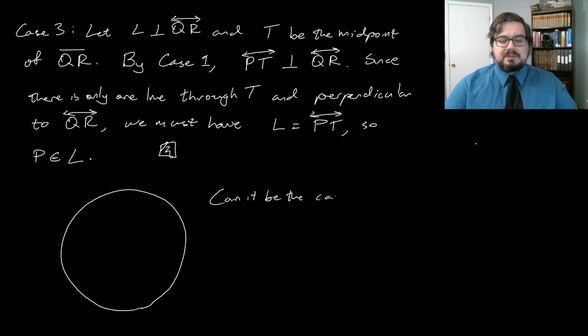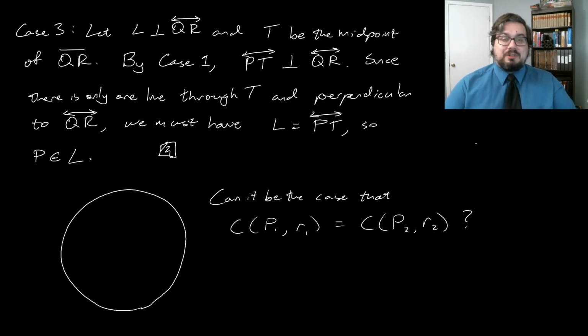Can it be the case that the circle with center P1 and some radius 1 equals the circle with center P2 and some radius 2? Can a single circle have two different centers? Well, we can actually use theorem 99 to prove that that can't possibly happen. So our answer is no.